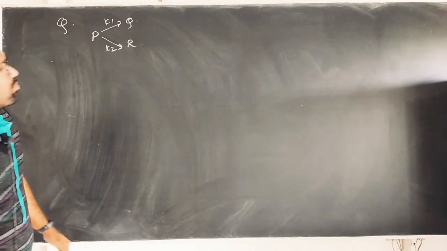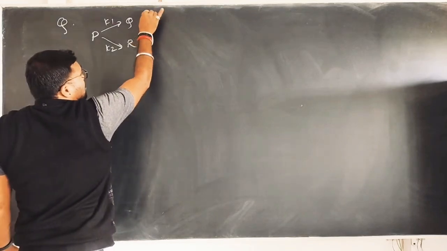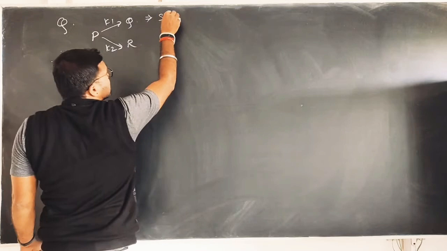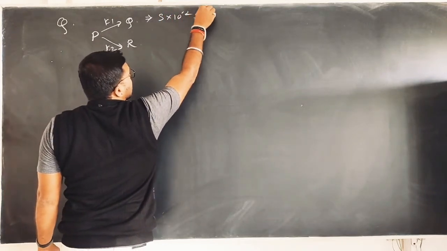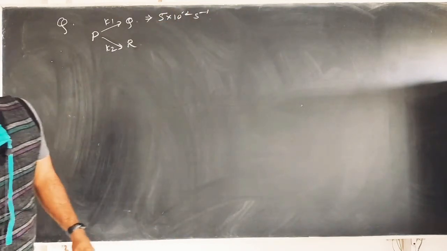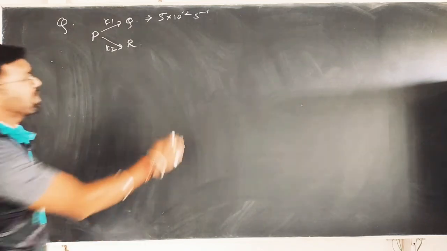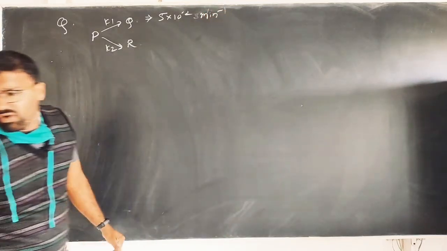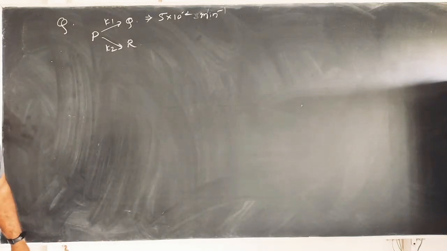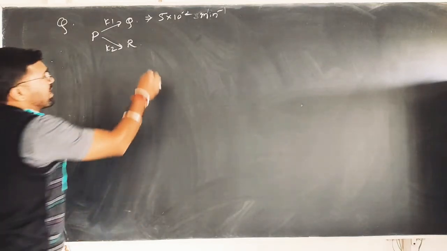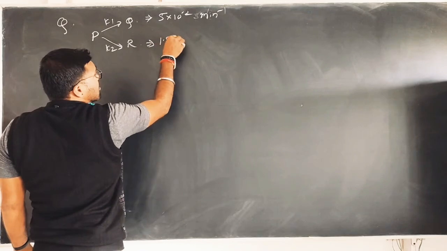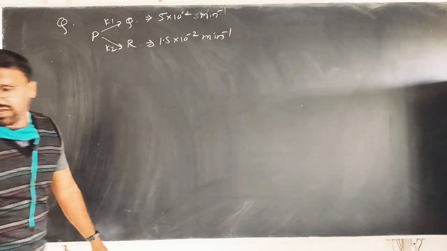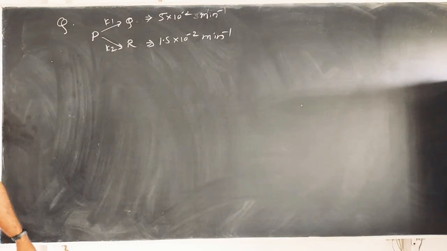Both values of K1 and K2 are provided: K1 is equal to 5 into 10 raised to minus 2 per second, while K2 is equal to 1.5 into 10 raised to minus 2 per minute respectively, at temperature T.